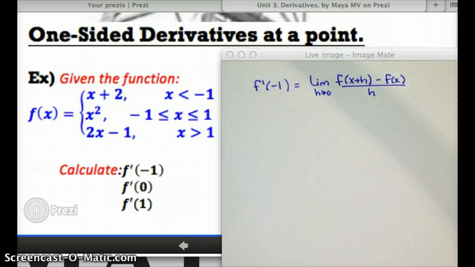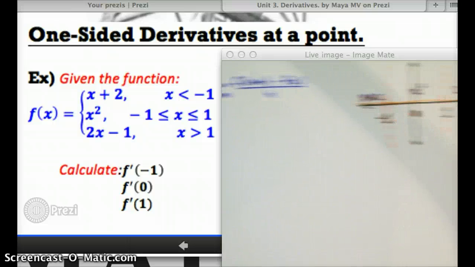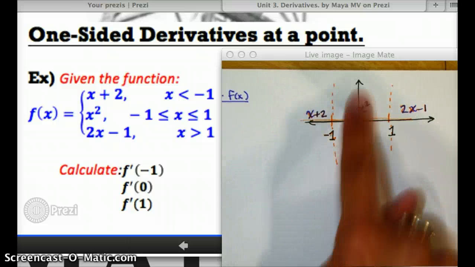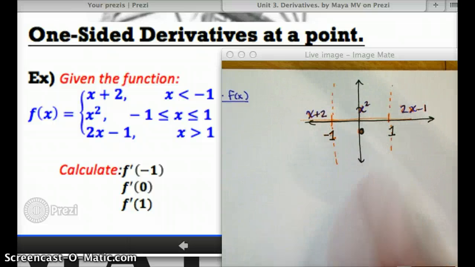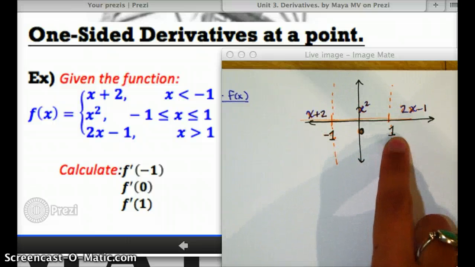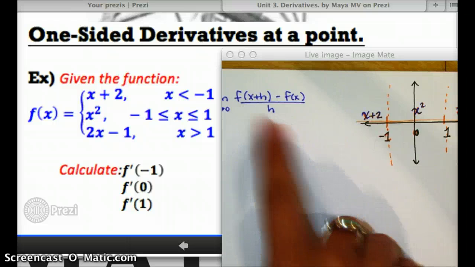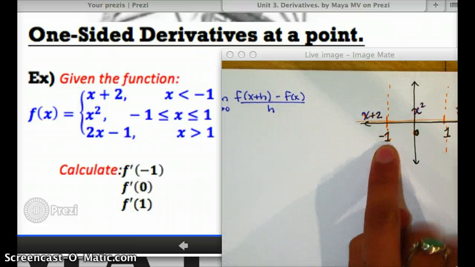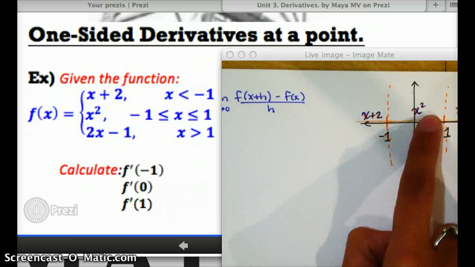Well, I took my function, and off to the side here, I've just kind of sketched what it would look like. Piecewise function, we've got 3 sections, and the dividing lines are at -1 and +1. So if I'm trying to find the limit of this, whatever it is, at -1, the truth is I can't just use one of the 2 function equations.